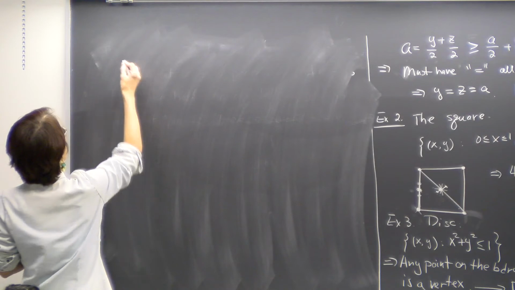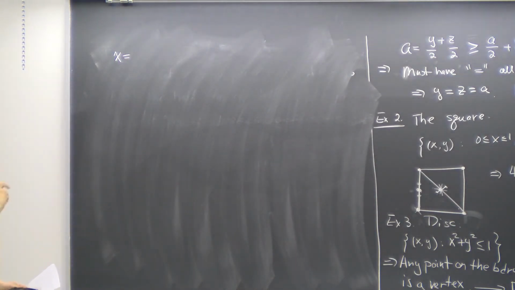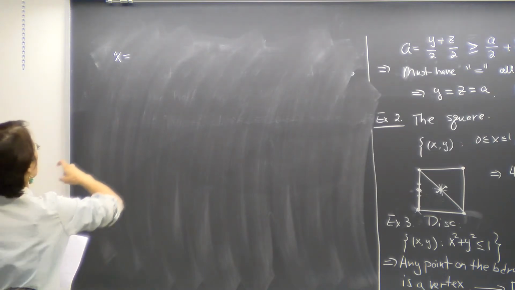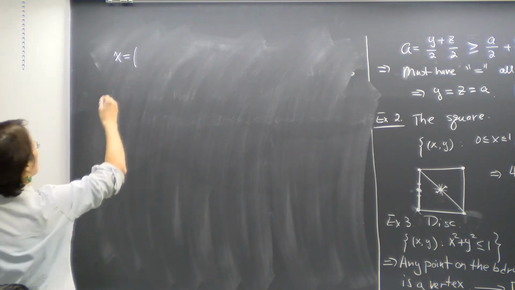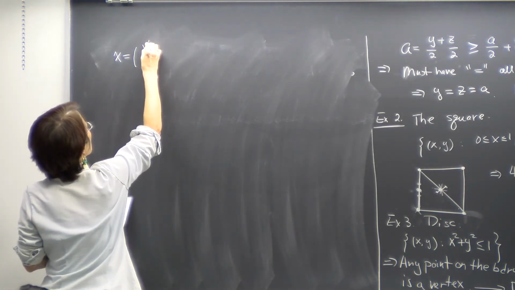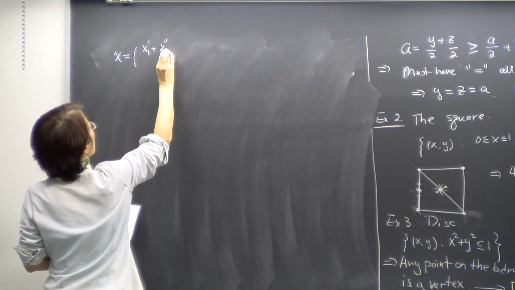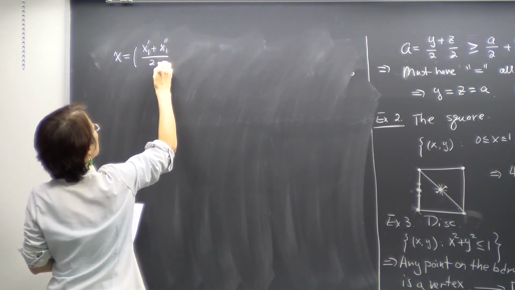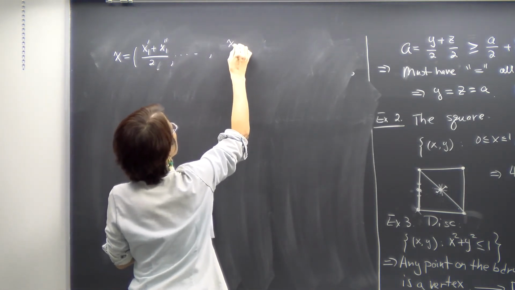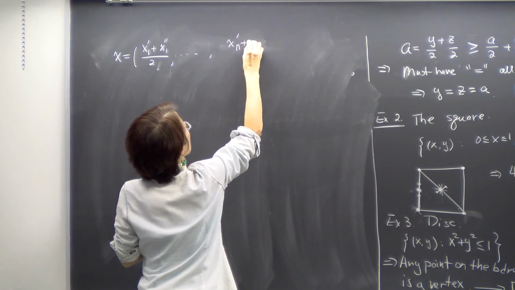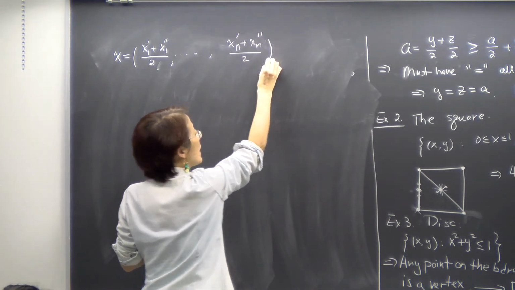Okay, so by our assumption, x is the midpoint of x prime and x double prime. If I write out the components, the first component will be adding up the first component from each and taking the midpoint, and so on and so forth, and the last one will be xn prime plus xn double prime, over half.